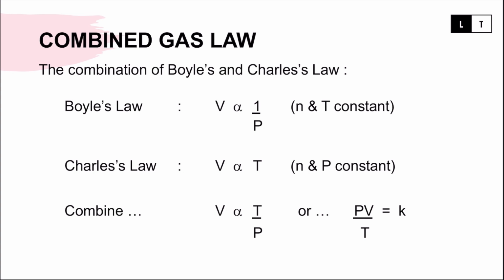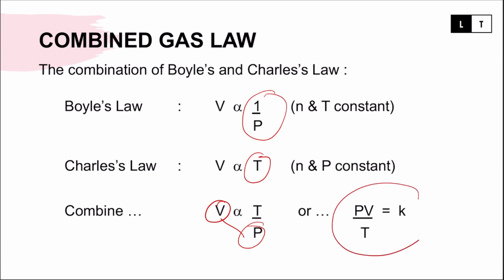Tapi, T dekat sini, for Charles' law akan darab dengan 1/P. That's why I have T/P, temperature over pressure. Ataupun kalau saya rearrange sebagai equation, saya akan darab this one and then saya akan bahagi dengan temperature. Dan I got my proportionality constant K. So, ini adalah formula untuk combined gas law.